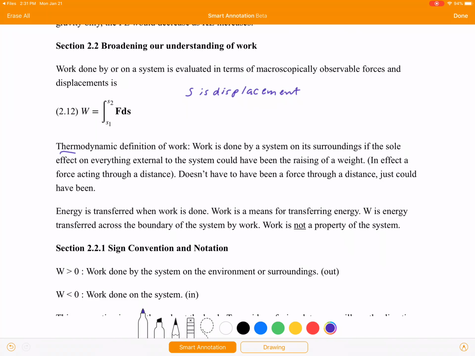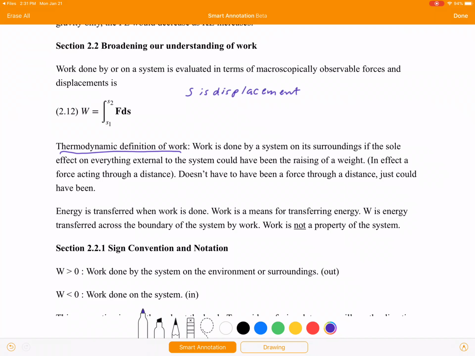The thermodynamic definition of work: work is done by a system on its surroundings if the sole effect of everything external to the system could have been the raising of a weight. In effect, a force acting through a distance. It doesn't have to have been a force through a distance, it just could have been.